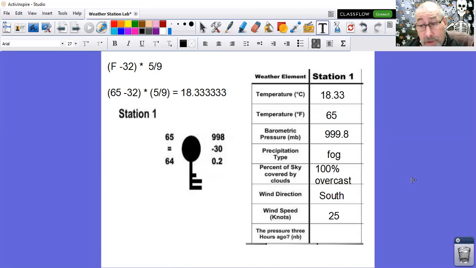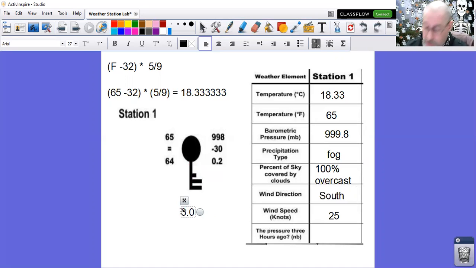And here comes the next big weird thing we have to calculate. What was the air pressure 3 hours ago? So we look here, it's -30 is the trend. So that means that it's going to be 3.0. Now, if it's going down, the opposite of that is going up. So 3 hours ago, it was more.